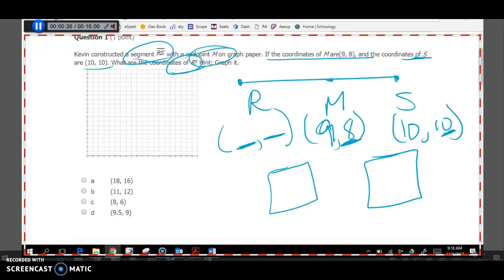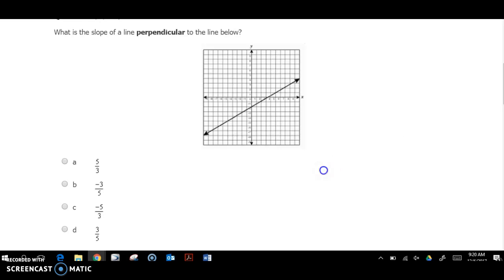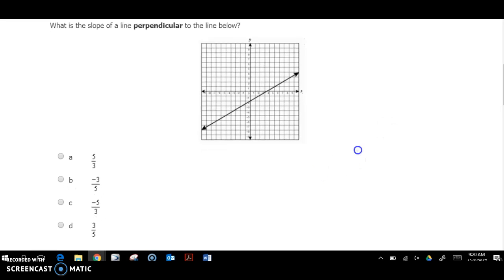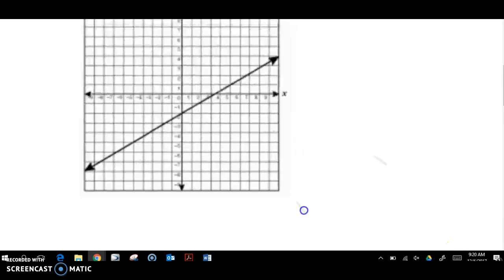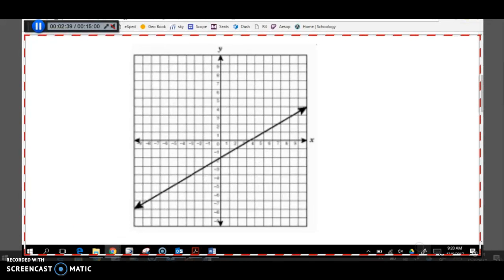Okay, so now let's look at number 2. What is the slope of a line perpendicular to the line below? Okay, well, first we need to find the slope, right? So, if you need a screen sketch, go ahead and screen sketch and find your slope.